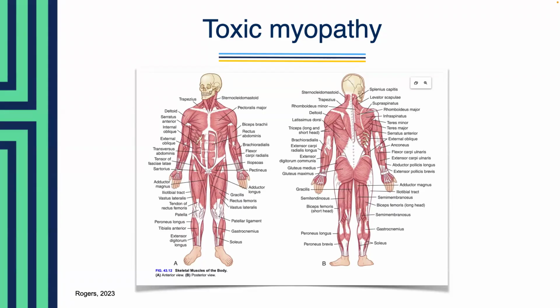Now, there are other risk factors for toxic myopathy or that muscle damage, especially from medications like statins. Some of the other risk factors include age over 65. We talked about hypothyroidism, renal insufficiency, drug interactions, high statin doses, and then concomitant use of certain medications like fibrates.